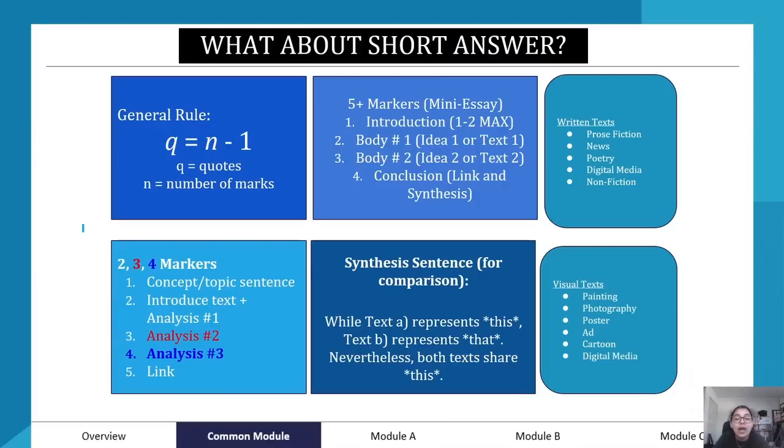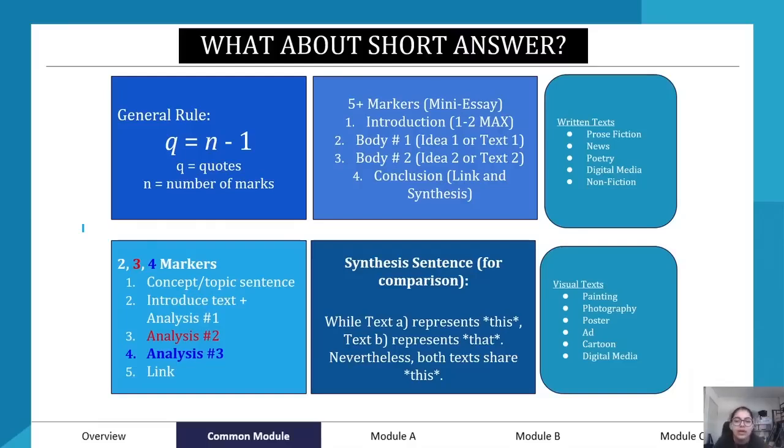So if it's a 4 marker, aim for 3 pieces of quotes, or evidence rather. If it's a 3 marker, aim for 2 pieces of evidence, and so on. Now, if you get a 5 marker plus, we would recommend writing a mini essay, so a mini essay with an introduction, about 1 to 2 sentences max, really, a body, another body paragraph, and then finally a conclusion, which is linking and synthesizing. So that's for the 5+ markers.